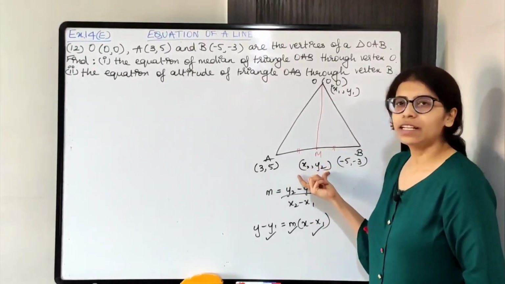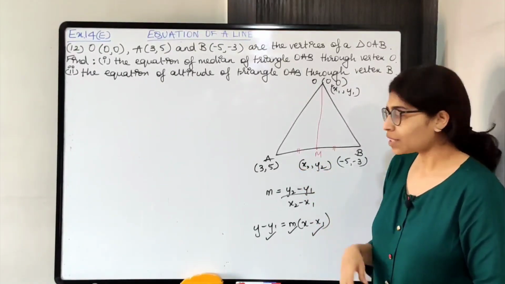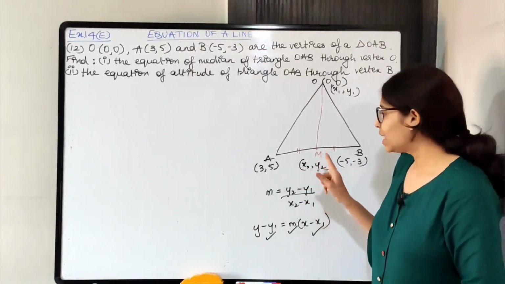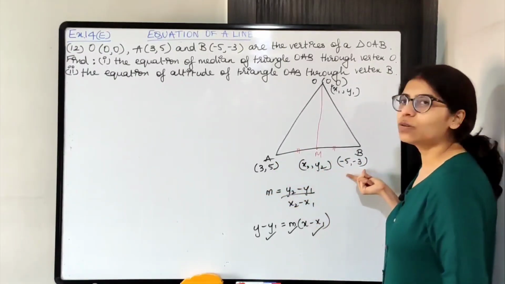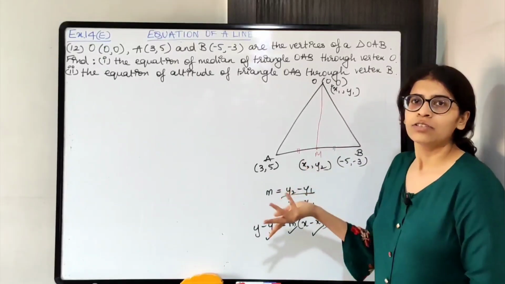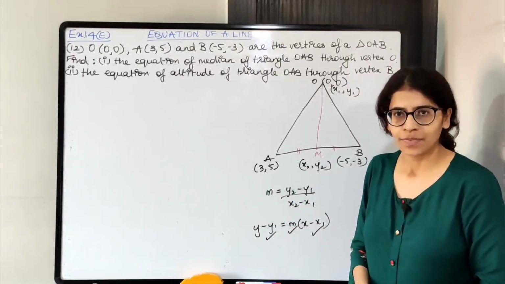So how will we find coordinates of point M? From midpoint formula. It is midpoint of A, B. A का coordinates पता है, B का coordinates पता है, M का coordinates मुझे easily मिल जाएगा, है ना.